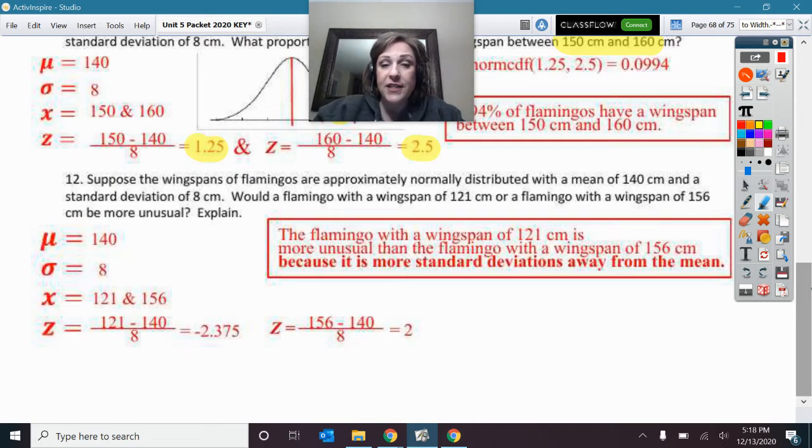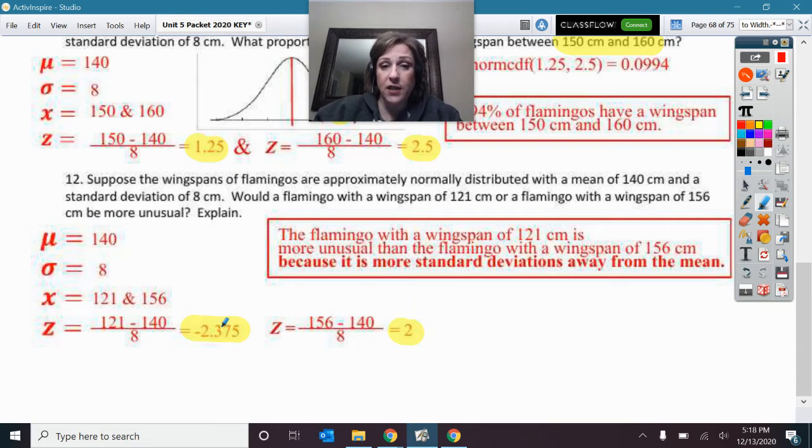All right, now this is interesting. See which one would be more unusual. Is it going to be the one that is 121 or 156? In order to see which one is more unusual, you need to get the z-scores and compare them. The one that is farther away from the mean in either direction, see here, this one is negative 2.375, which is farther away than this z-score of positive 2.